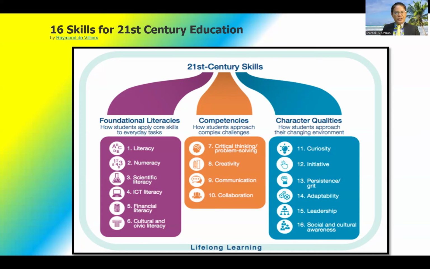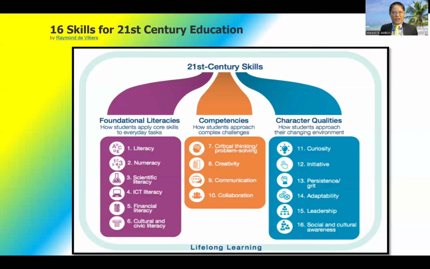In the foundational literacies, we have six: literacy, numeracy, scientific literacy, ICT literacy, financial literacy, and lastly, cultural and civic literacy. In the competencies, we have critical thinking and problem solving, creativity, communication, and collaboration.